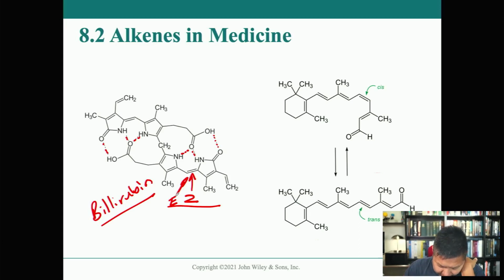So if you can see here, the two highest priority groups are the nitrogen and the carbon right there, and they're on the same side, right? And so there's an enzyme in your liver when you have a developed liver that can switch it, can do an isomerization of that alkene.